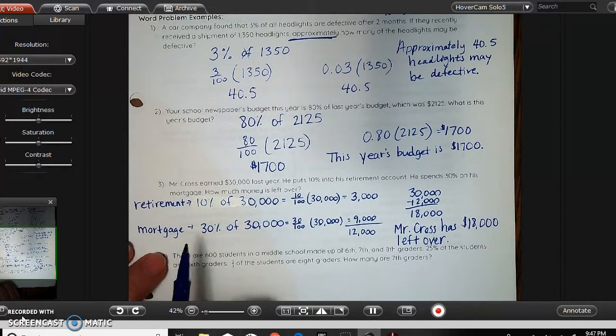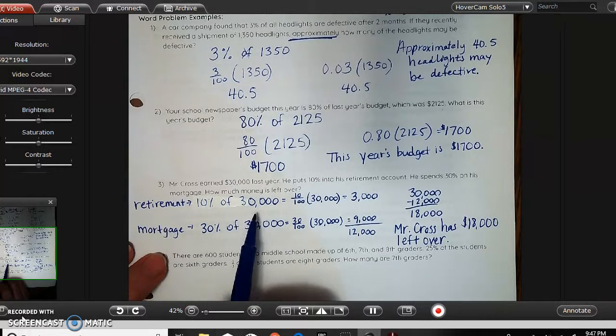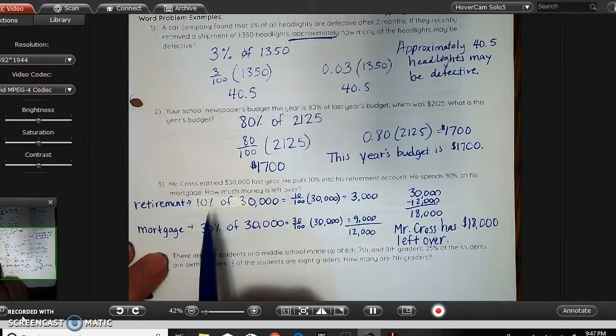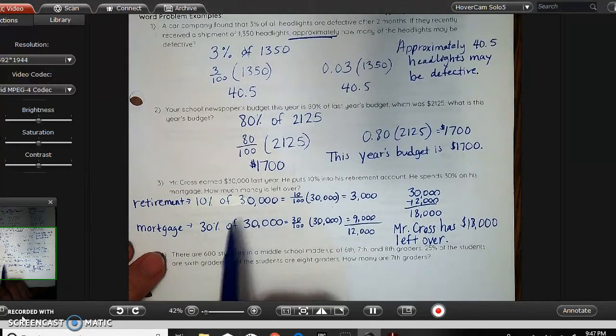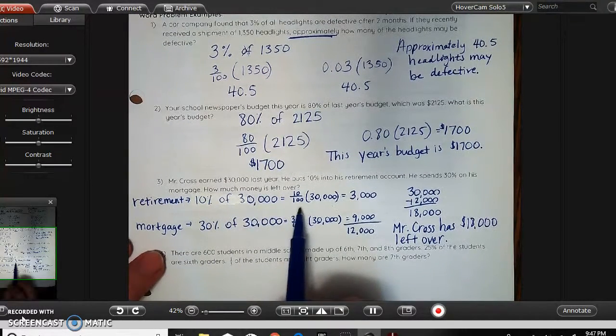So Mr. Cross earned $30,000, as we can see. He put 10% of that into his retirement. He put 30% of that into his mortgage. So we found 10% of $30,000 and 30% of $30,000 respectively there. Now I did it as fractions. You might have done it as decimals.